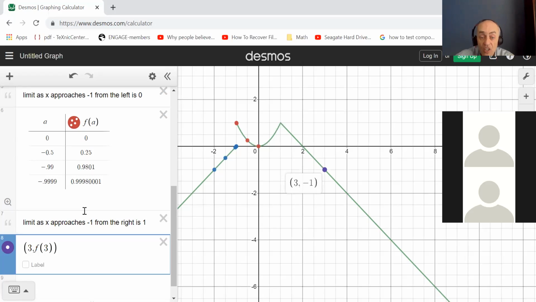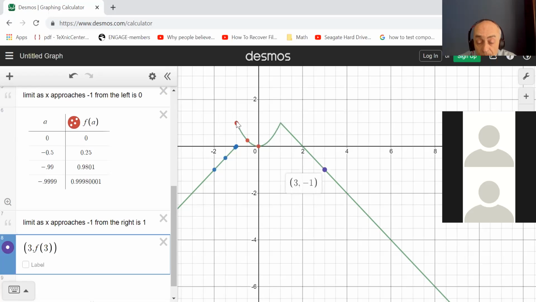They don't necessarily need to congregate at the same point. In the example where x is -1, when you come from the left, you congregate towards this point on the x-axis. When you come from the right, you congregate towards the point right above it, which is -1, 1.